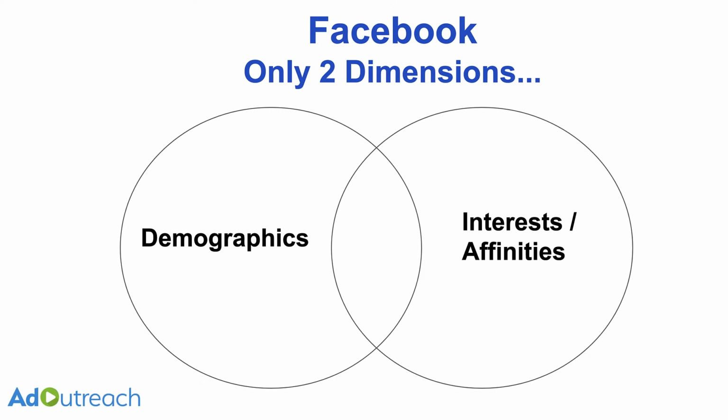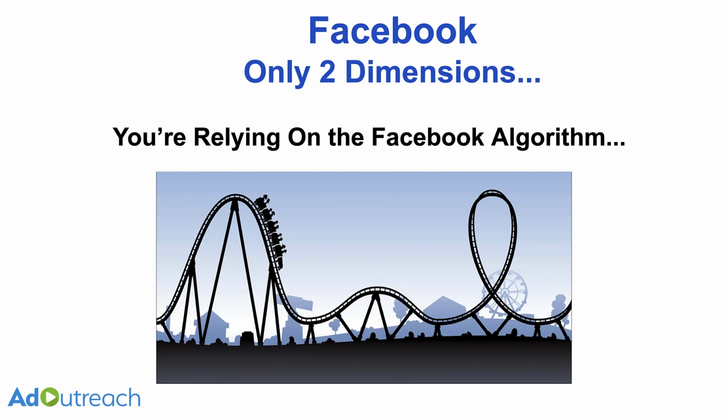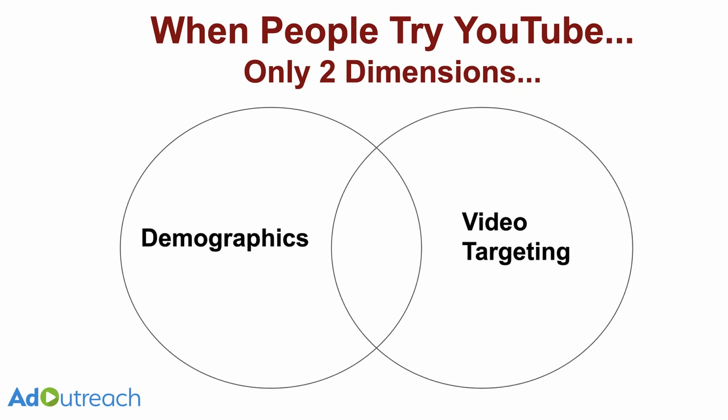There's nothing that is intent. And that's why Facebook ads are such a roller coaster. They go up and down, because Facebook's algorithm is trying to predict when somebody's actually interested or not, but they don't really have any way of truly knowing it. So some days you might get a ton of people who are interested right now, but other days you might not. And that's how Facebook has that roller coaster effect you're probably familiar with.